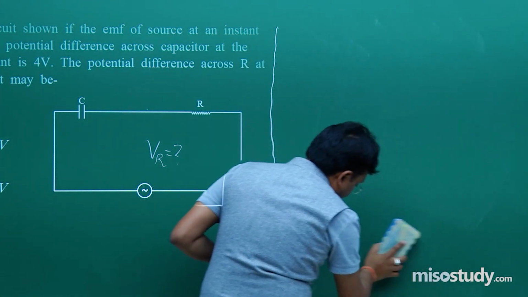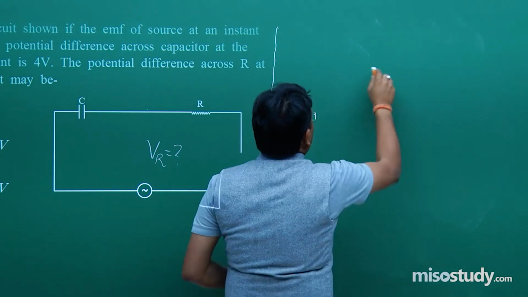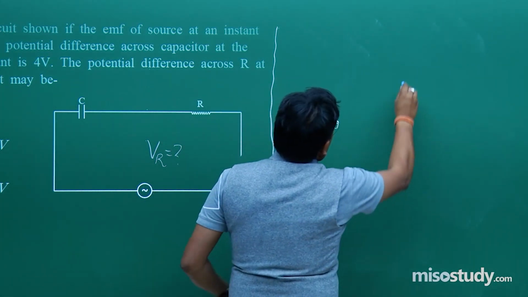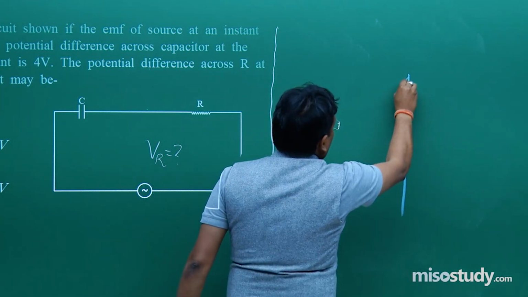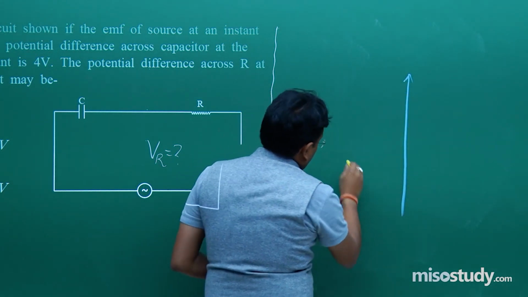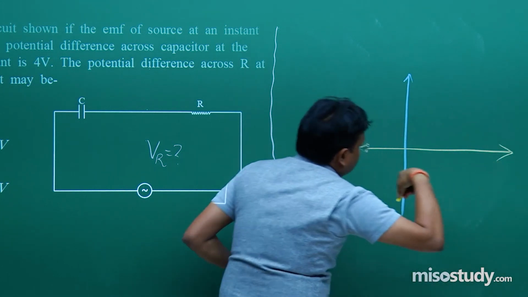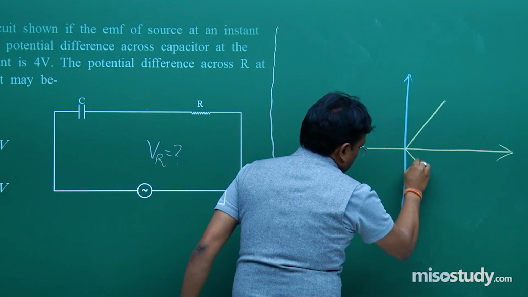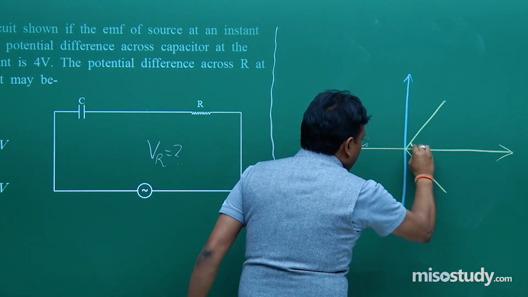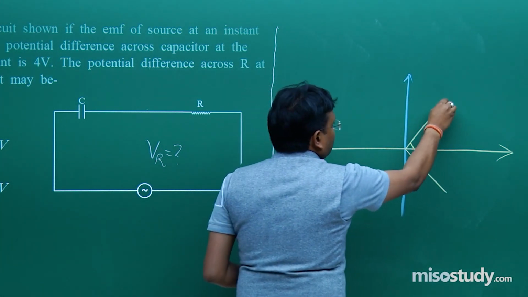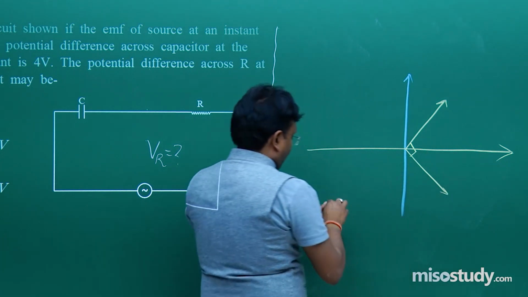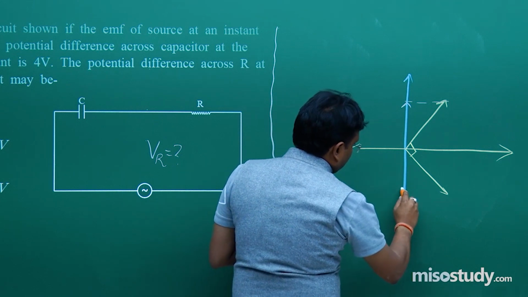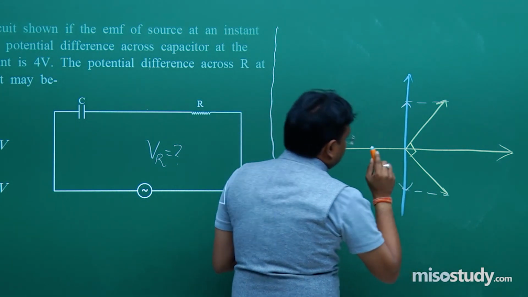So from here let me erase this diagram. I think I should use two different colors, 1 and this is 2. Fine. Now, this angle is 90 degree. Fine.